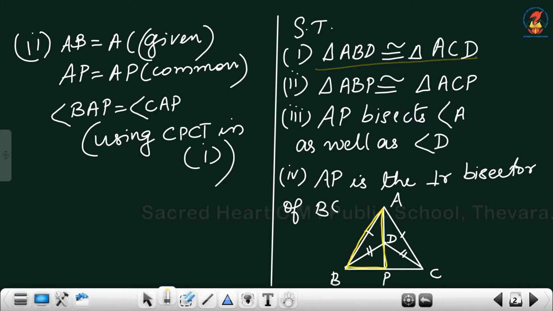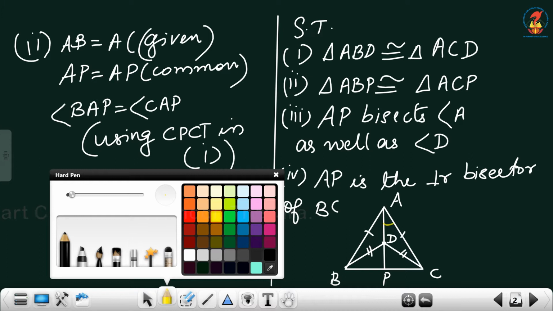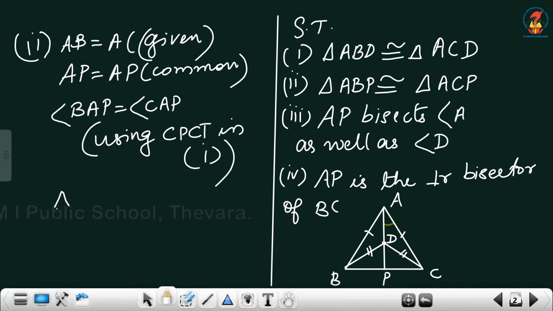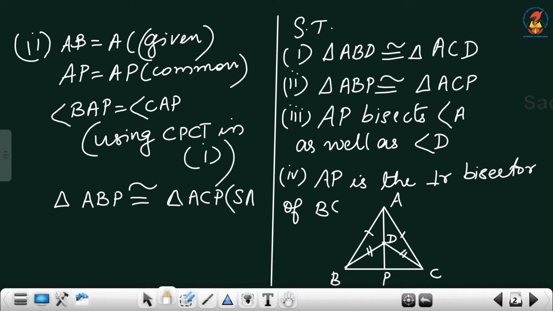So if these two triangles are congruent, we can say each of the corresponding angles are equal. So these two angles are equal. So what we can say? Triangle ABP is congruent to triangle ACP using which criterion? SAS criterion.